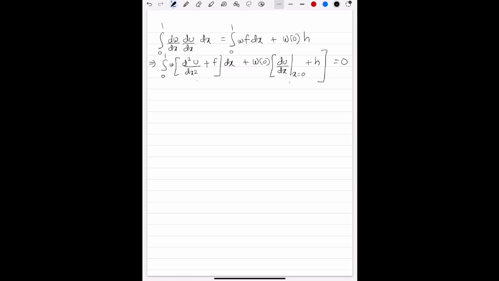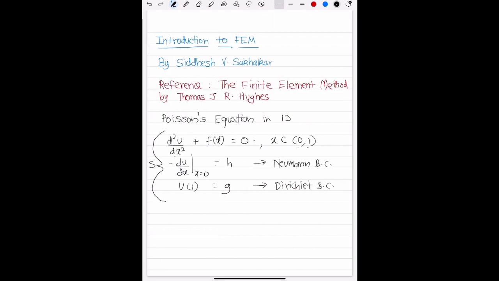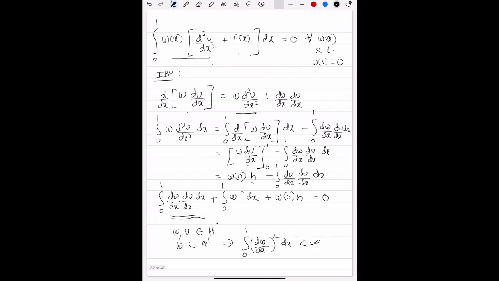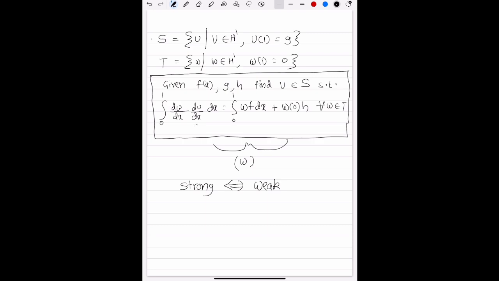Now, in order to derive the strong form, we need to show three parts are true. So the strong form has three parts. Firstly, we have the differential equation over here. Next, we have the Neumann boundary condition. And thirdly, we have the Dirichlet boundary condition. Now, by assuming that u belongs to the solution function space, we already assume that the Dirichlet boundary condition is true.